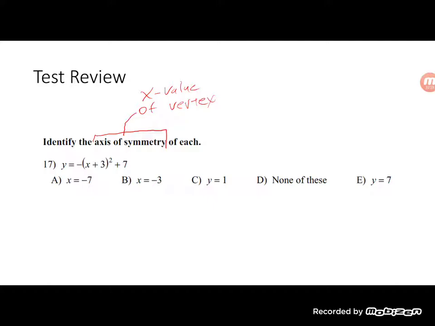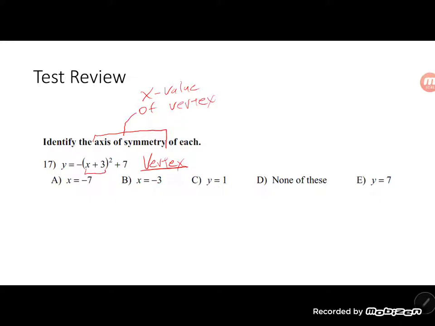And now I look at this and I see that this is actually in vertex form. Now, that's actually kind of good because vertex form is a little bit easier to find the vertex. Remember, we have our rules for what's happening inside the parentheses and what's happening outside.